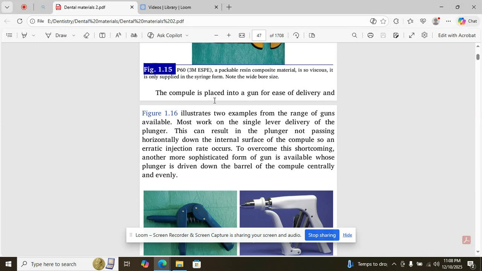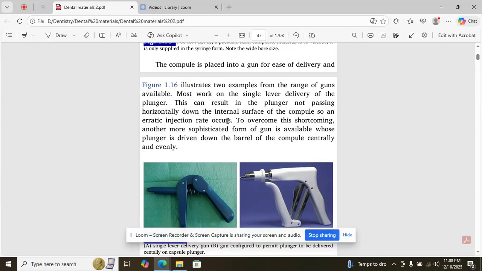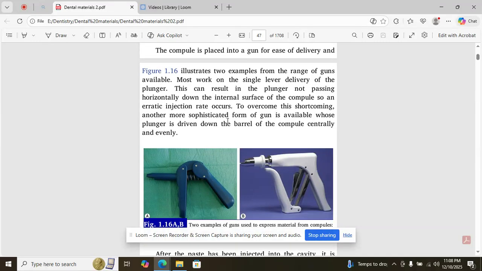The compule is placed into a gun for ease of delivery, and Figure 1.16 illustrates two examples from the range of guns available. Most work on the single lever delivery of the plunger. This can result in the plunger not passing horizontally down the internal surface of the compule, so an erratic injection rate occurs.